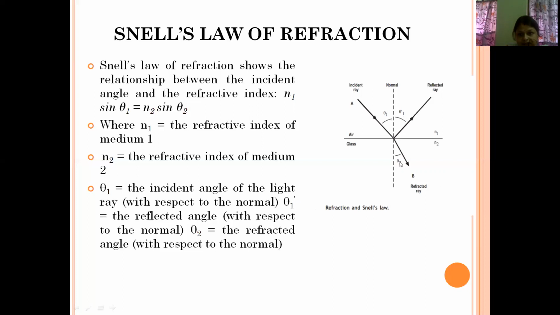But theta 2 is the refracted angle, because here this incident ray is refracted due to the change of the medium, because the incident ray is in the air medium but the refracted ray is in the glass medium. So n1 and n2 are not the same because the mediums are changed, because n1 is the refractive index of medium 1 and n2 is the refractive index of medium 2. Okay.